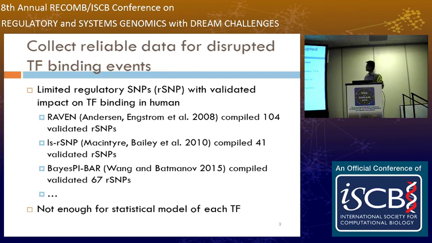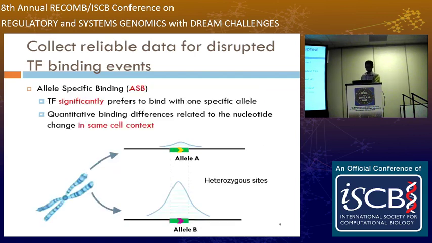Usually there are less than several hundred, which is totally not enough to build a good model. In this project, we focused on another type of data, which we call allele-specific binding, or ASB.